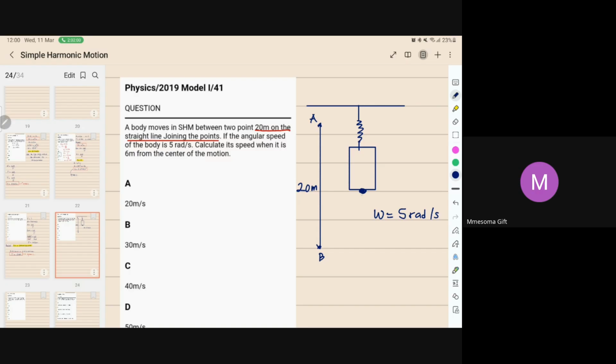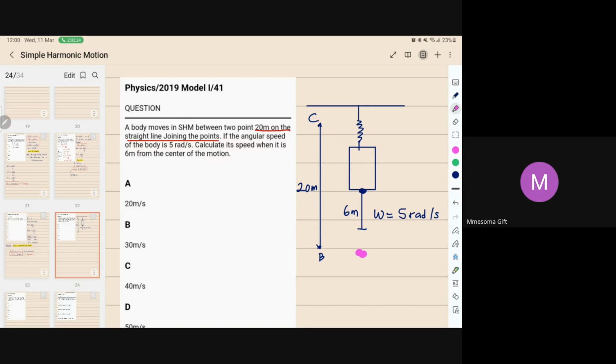So let's assume that they are saying that the distance from here to here, my diagram might not be really correct, is 6 meters. Now, who can tell me what will be the amplitude of this motion? How do we calculate the amplitude? If the distance between the 2 points, the extreme points, these are the extreme points.